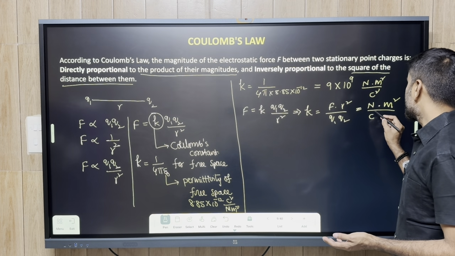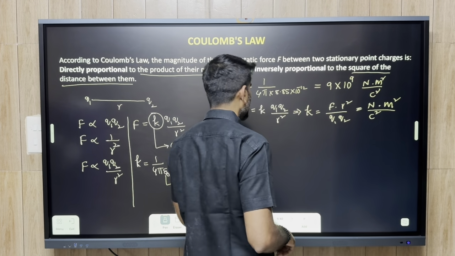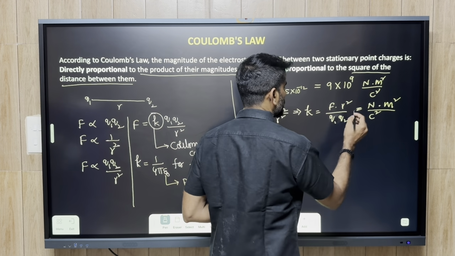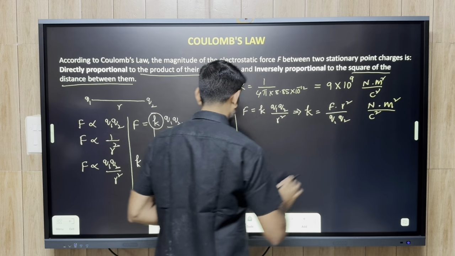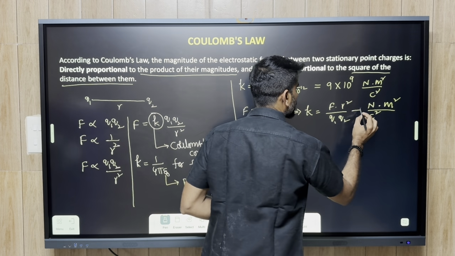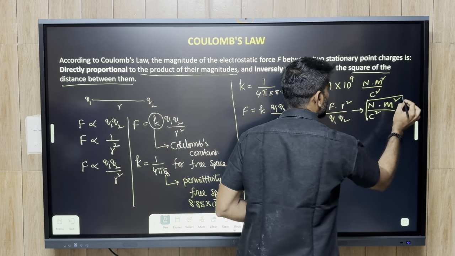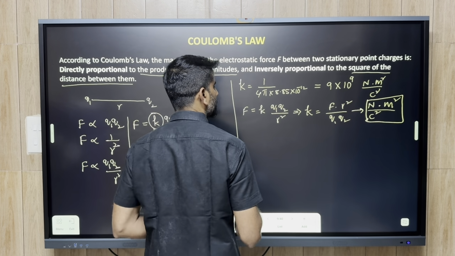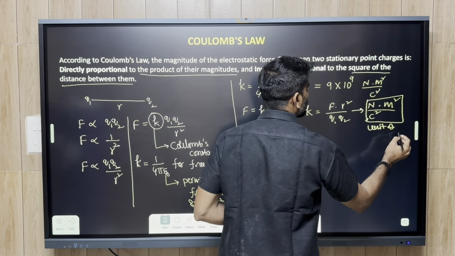The charge of the other particle is also in Coulomb, so I put square. So I get the unit of K as Newton meter square per Coulomb square. This is the unit of Coulomb's constant.